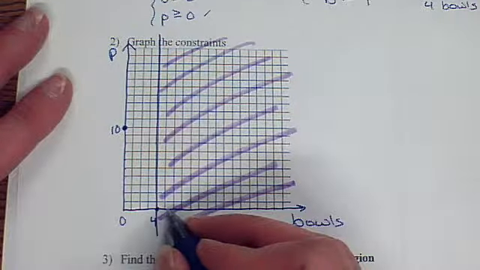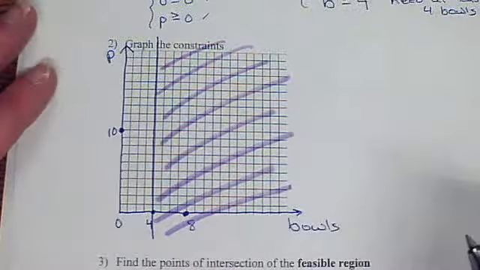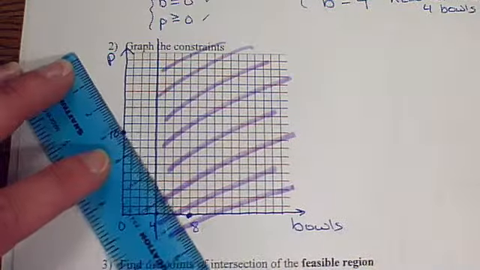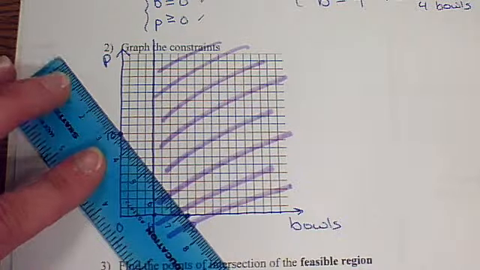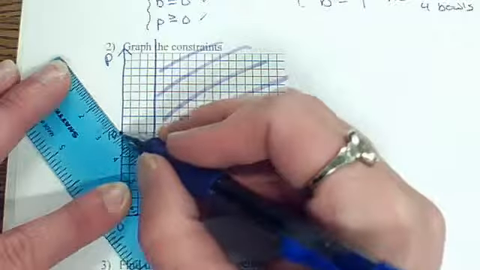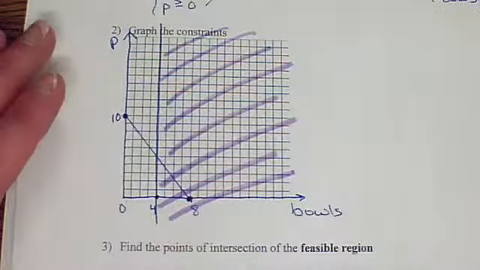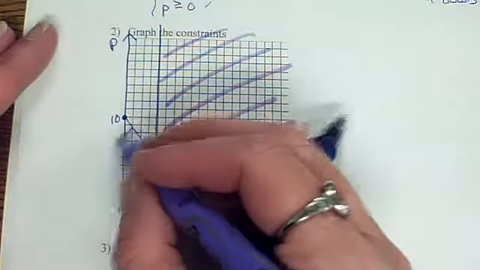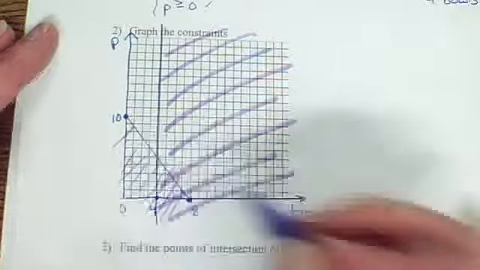So over here, 4, 5, 6, 7, 8. This would be the 8 bowls. Now I just need to connect my dots. So this is my boundary line for what I can make with only that 40 pounds of clay. And we can make less than that, so we can make everything in here, but not more than that.